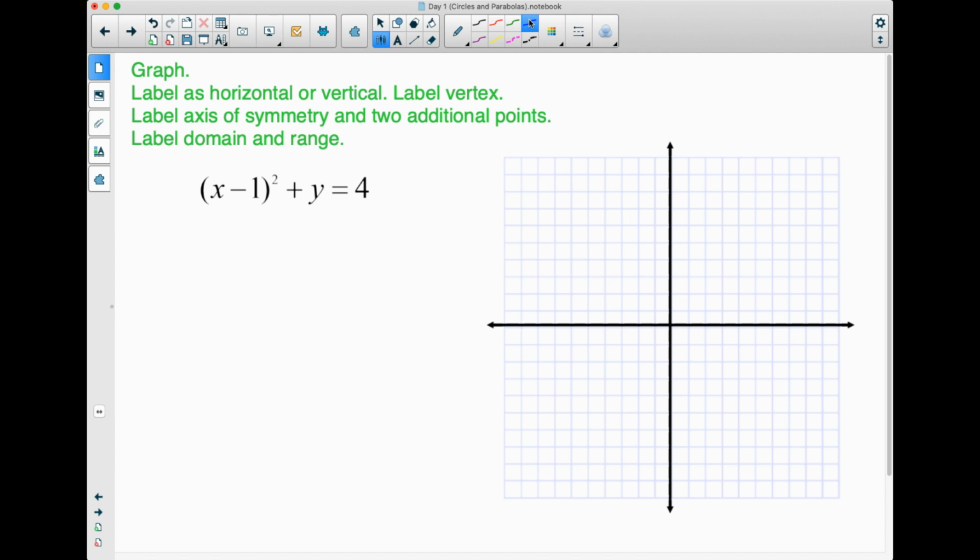How did I know automatically that it was going to be vertical? x minus 1 squared. Okay. Seeing x in the parentheses squared. Okay. Also that y is already by itself. So it's going to be easy to get y by itself. So I can just subtract over that whole term here.